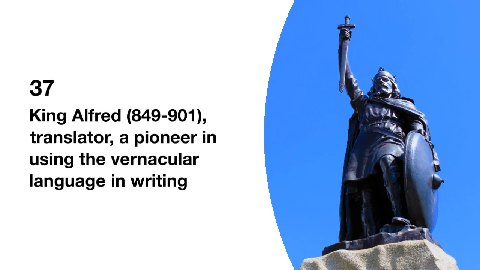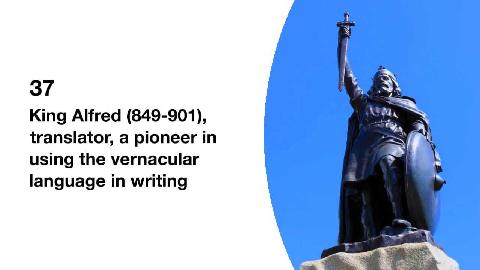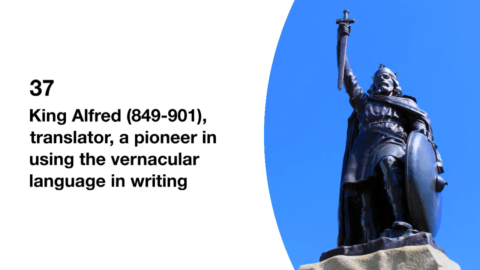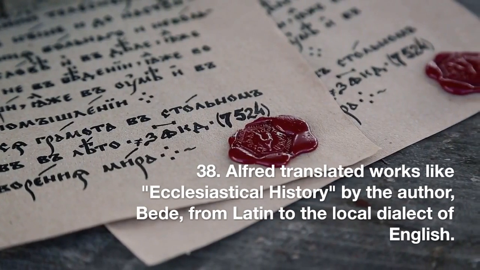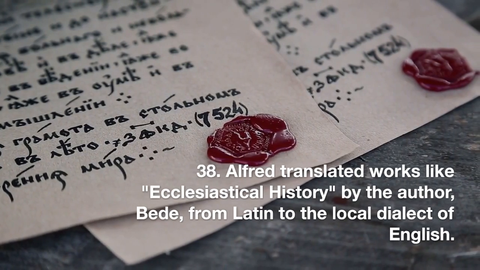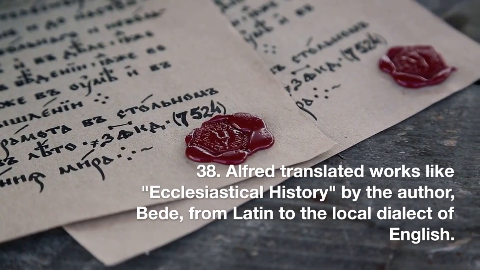King Alfred, 849 to 901, actually a translator in the beginning, was very important and a pioneer in using the vernacular language in writing literature. 38. Alfred translated works like Ecclesiastical History by the author Bede, from Latin to the local dialect of English.